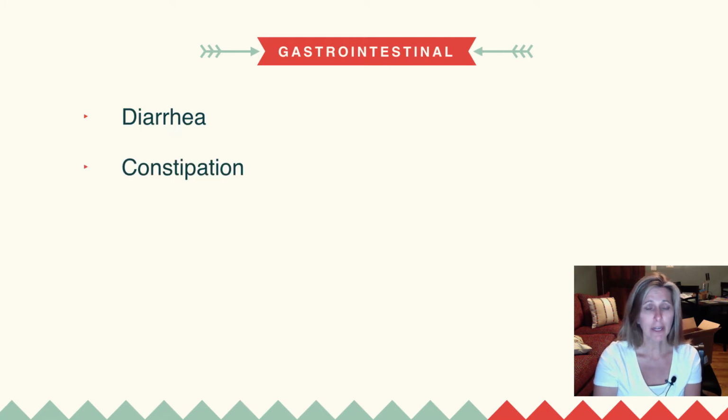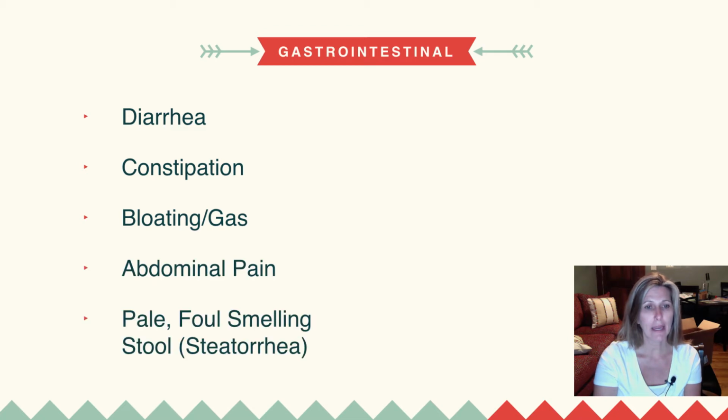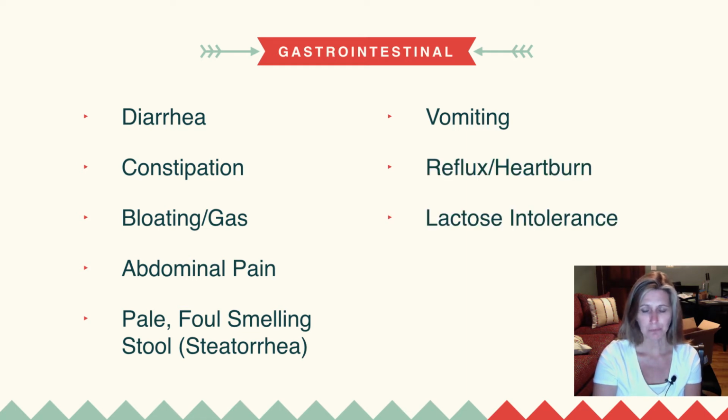So you can have diarrhea, constipation, bloating, gas, abdominal pain, steatorrhea, which is this pale, foul-smelling stool that comes from not absorbing the nutrients that you eat. Vomiting is very, very common, especially in children that are gluten sensitive or have celiac disease, but we can see it in adults too. Reflux and heartburn.